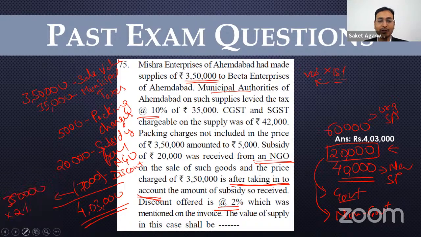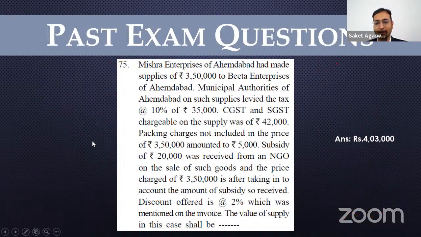This question is not only mentioned in your textbook with different figures, it has been asked multiple times in the exam also. All they do is change the figures. So this is one of the questions we have to know before sitting for the exam. Two important things to keep in mind when doing this question. First, how is the discount calculated?